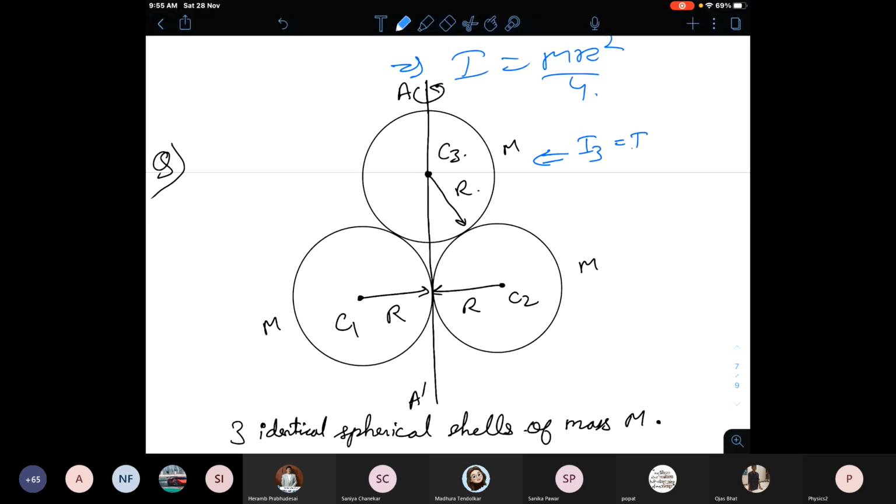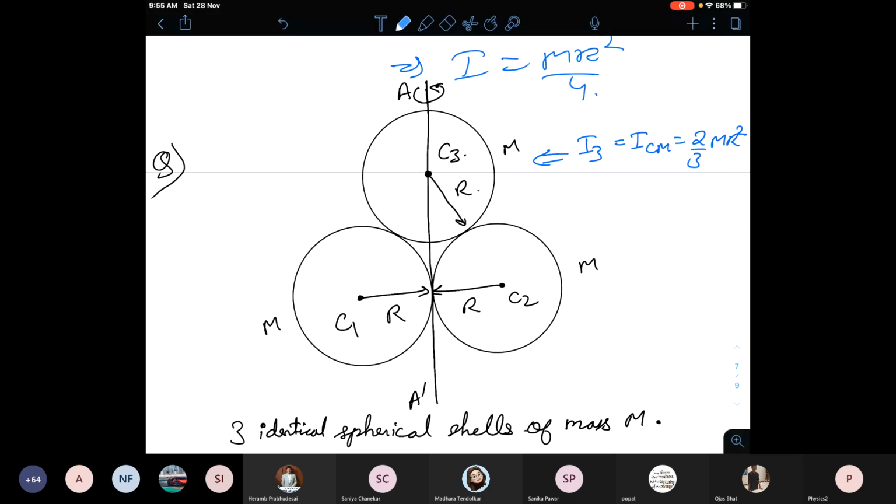So the moment of inertia of I3 is basically the moment of inertia about its center of mass. By the formula, by the list, it is 2 by 3 mr square. It is a spherical shell, a hollow sphere, so the moment of inertia is 2 by 3 mr square.